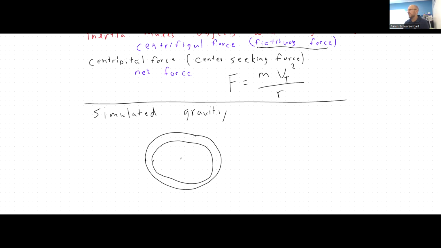So it's going to feel like gravity is acting on me because I will be against the outside wall, with the normal force causing me to spin instead of keep going in a straight line, and that's going to feel like gravity. Most space movies, if you watch them simulate gravity, they actually do make it rotate. Okay?